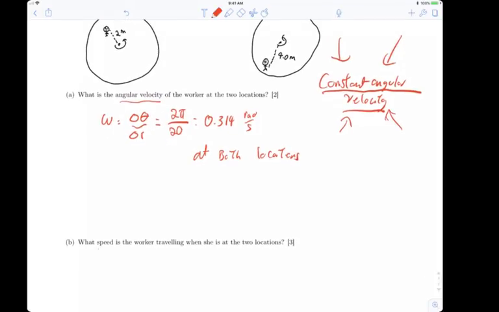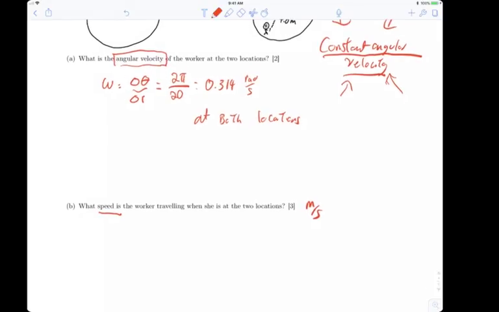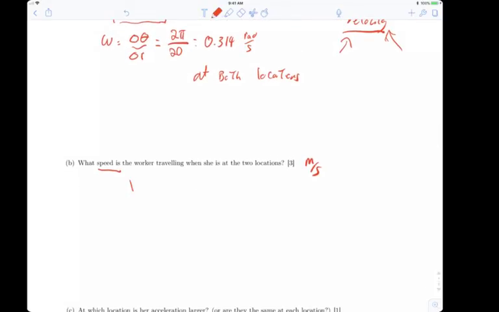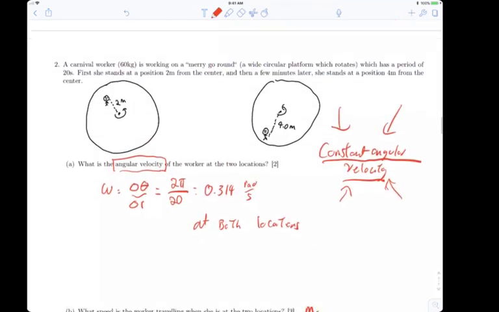We want speed. That's in meters per second, compared to the angular velocity. In both these cases, they have the same angular velocity. And now we want the speed. V is equal to R times omega. So the initial radius was 2 meters.